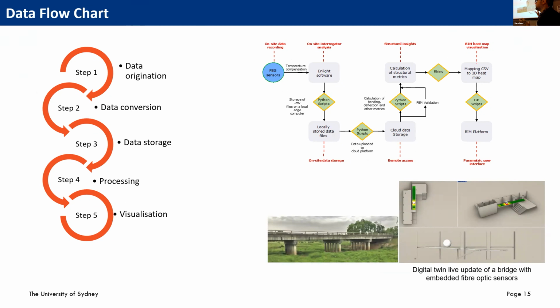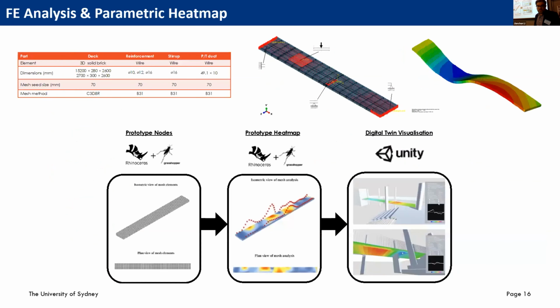That would be expanded for this project as well. Briefly, we can also couple that with finite element analysis and get the heat map of stress, strain, and also obviously humidity and chloride infusion within the structure itself.